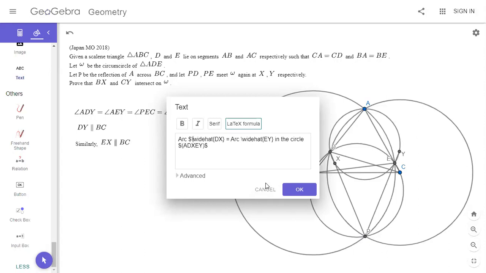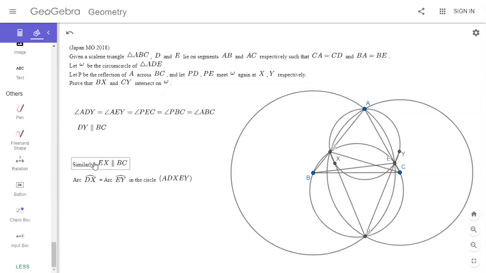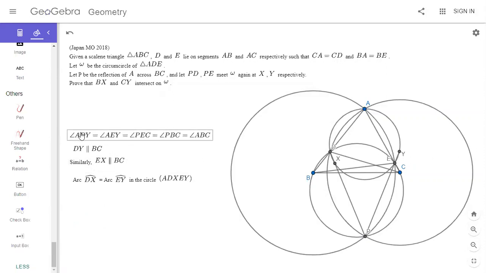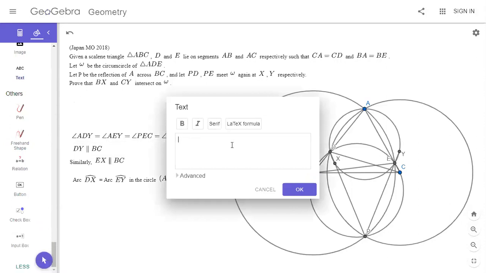I didn't prove that P lies on the circle yet. I didn't prove that these are cyclic. So I'll just make some room to prove that. But basically, I'll write it like this.